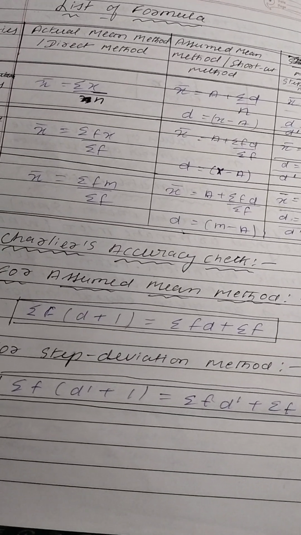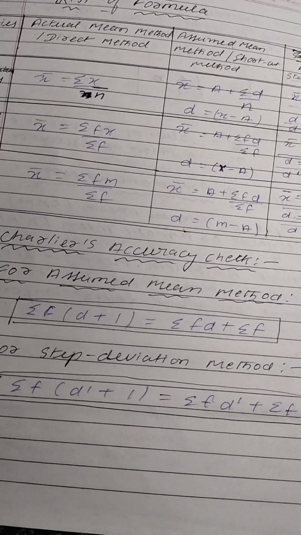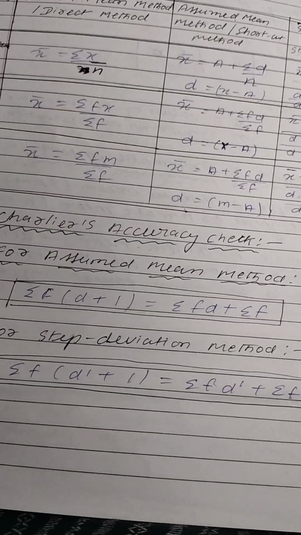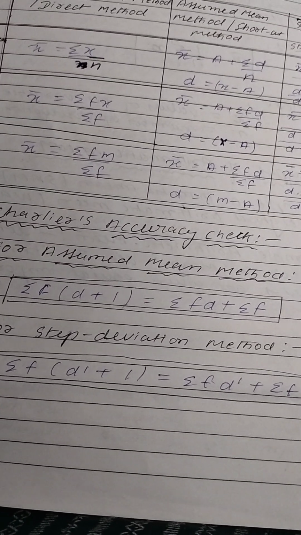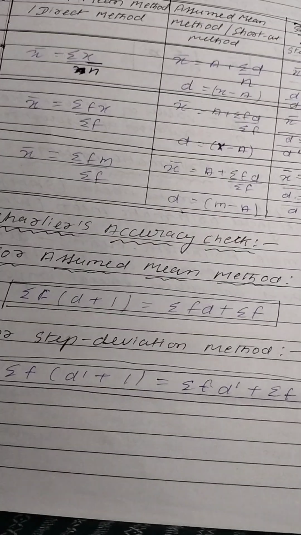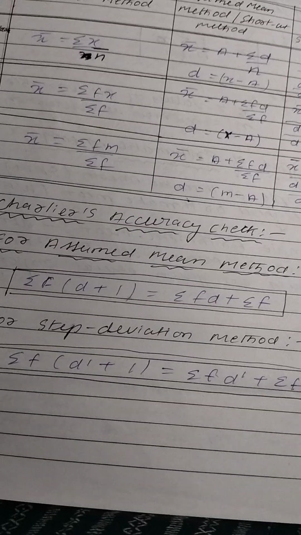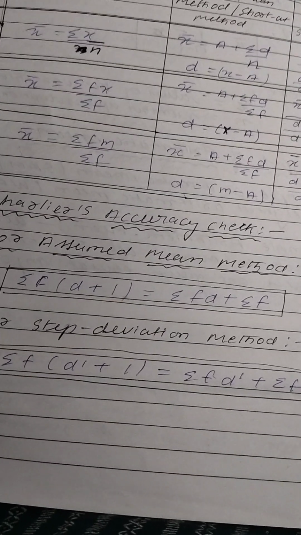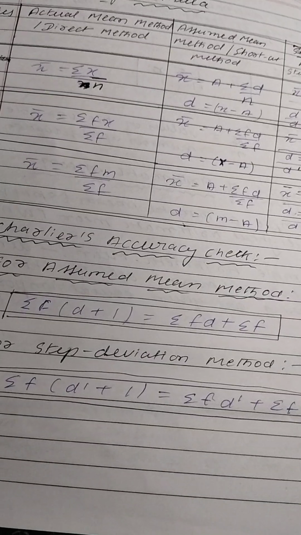In the observations, there is one observation which is the exact mean of the observations, and if you have taken the exact mean, then the deviation must be 0, and due to this the formula is kind of basic.